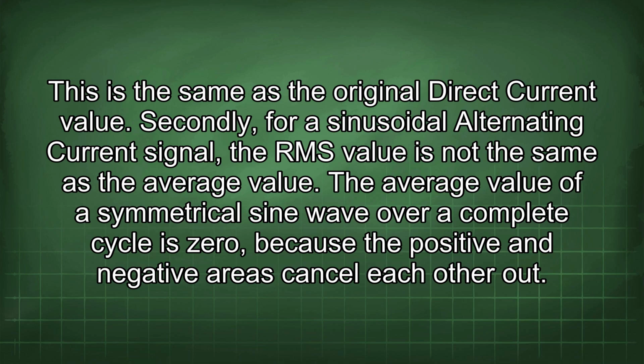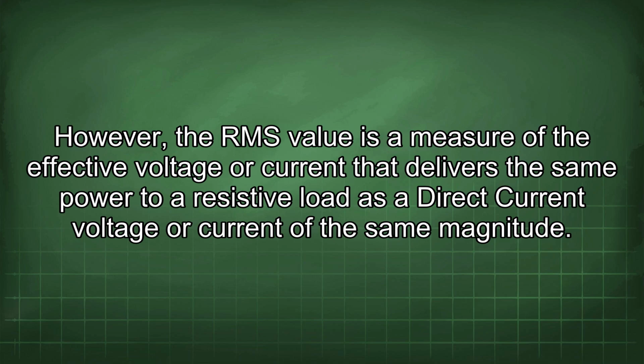Secondly, for a sinusoidal alternating current signal, the RMS value is not the same as the average value. The average value of a symmetrical sine wave over a complete cycle is 0, because the positive and negative areas cancel each other out. However, the RMS value is a measure of the effective voltage or current that delivers the same power to a resistive load as a direct current voltage or current of the same magnitude.